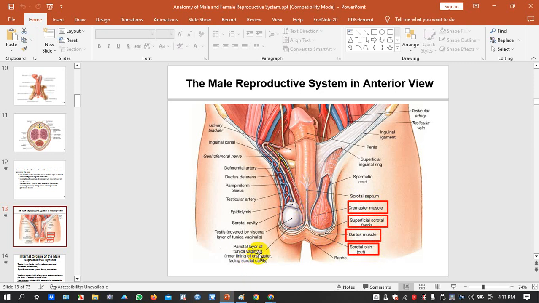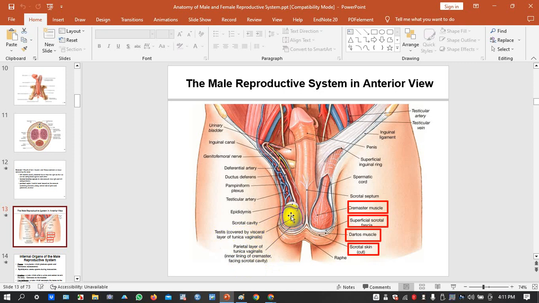So we have the tunica vaginalis, that's also a muscle layer, the inner lining of the cremaster facing the cavity. We have the parietal layer, and the testis is covered by the visceral layer of the tunica vaginalis.